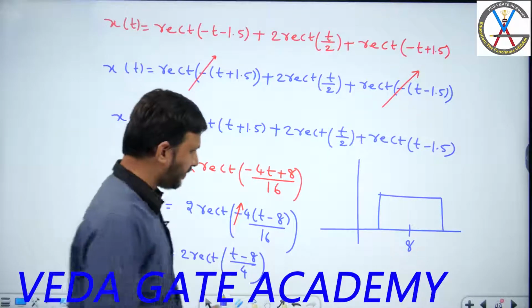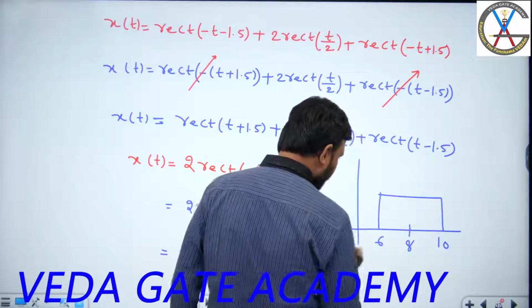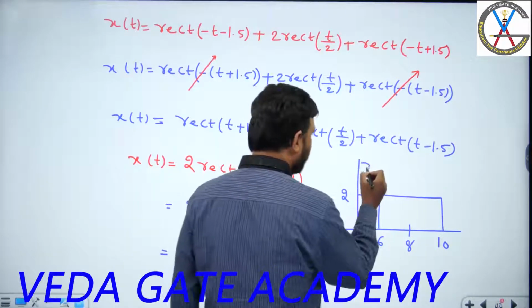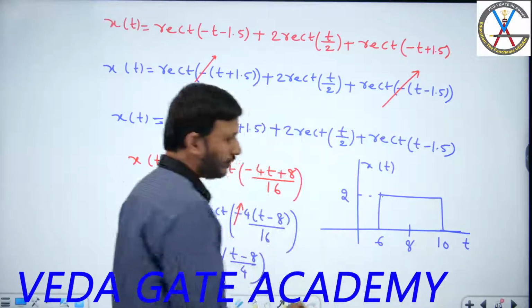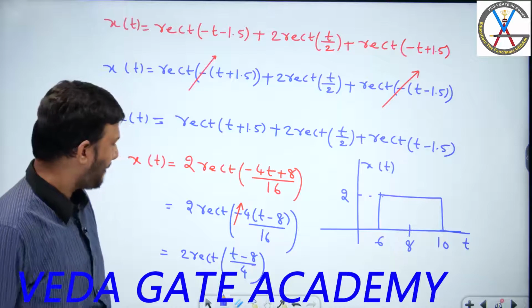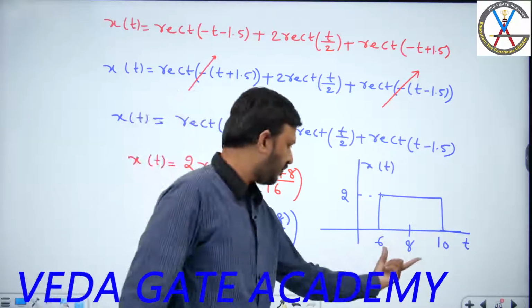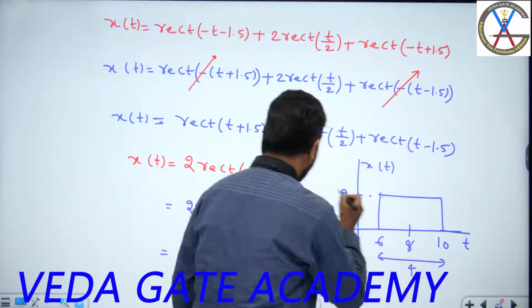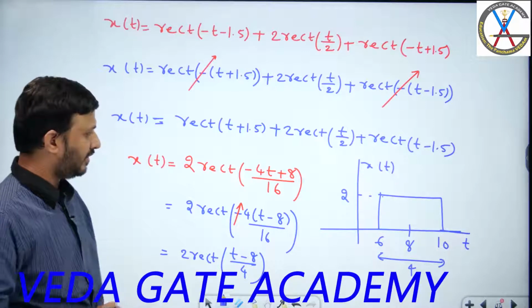Means 8 plus 2 is 10, 8 minus 2 is 6. Amplitude is 2. This is the shape. This is x(t): centered around 8, overall pulse width is 4, a rectangular pulse with an amplitude of 2. Hope you are all comfortable with this.